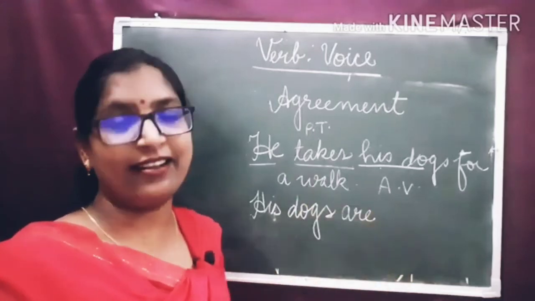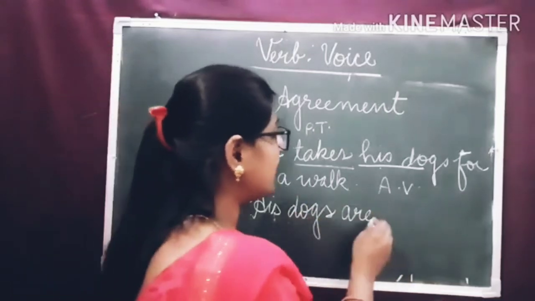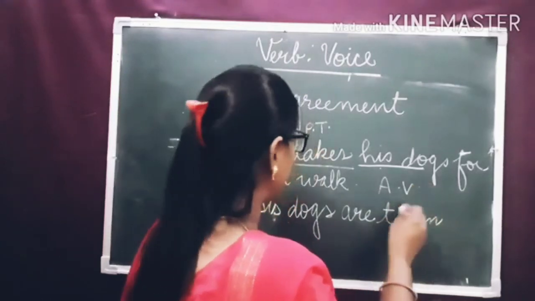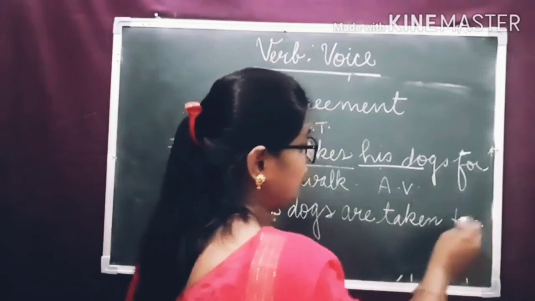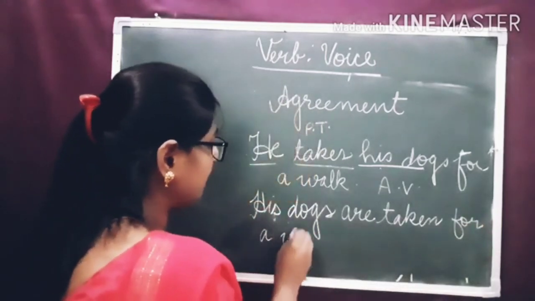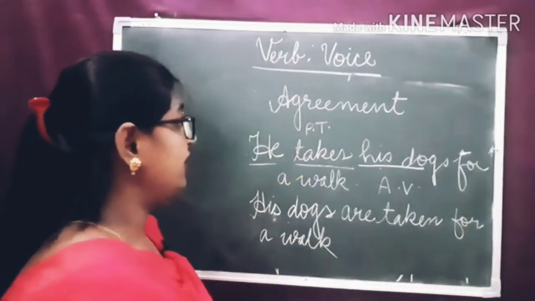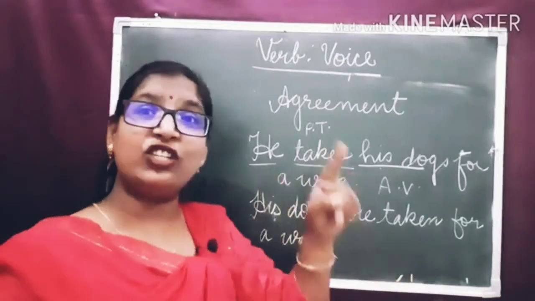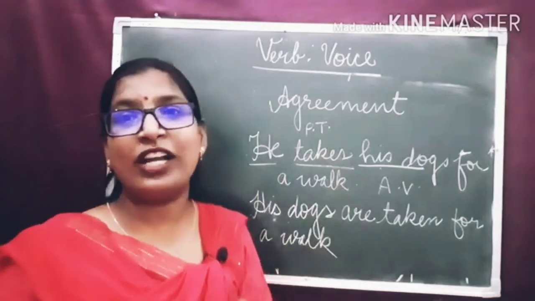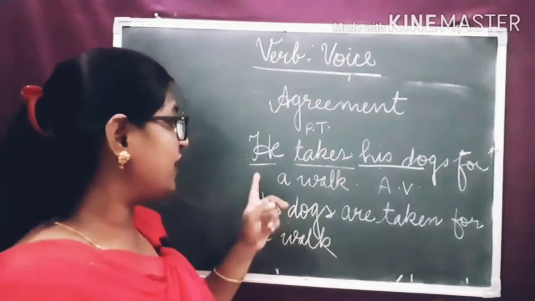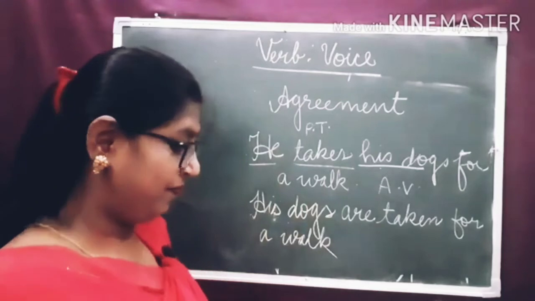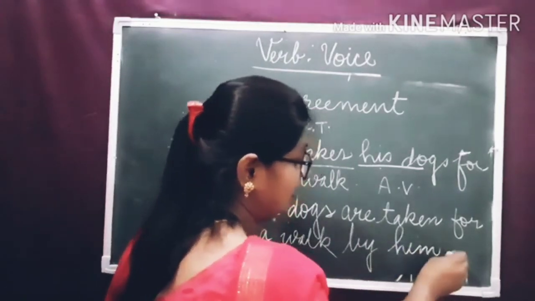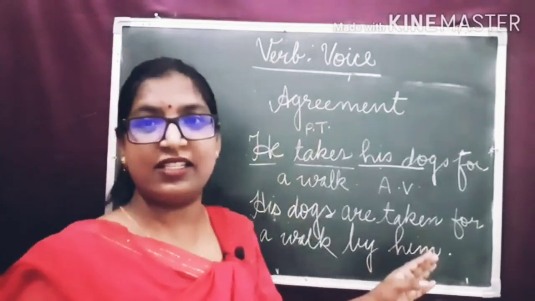Take, took, taken. Isn't it? His dogs are taken. His dogs are taken for a walk. It becomes the prepositional phrase. By he will be changed. The pronouns are getting changed. He will be changed to him. By him. The form of verbs we'll discuss in detail, beta.